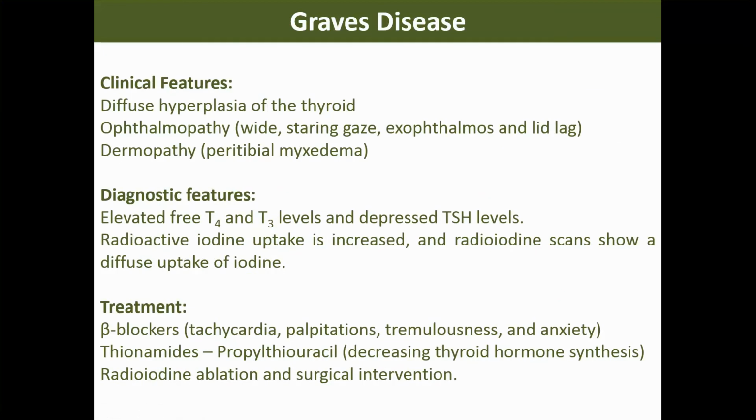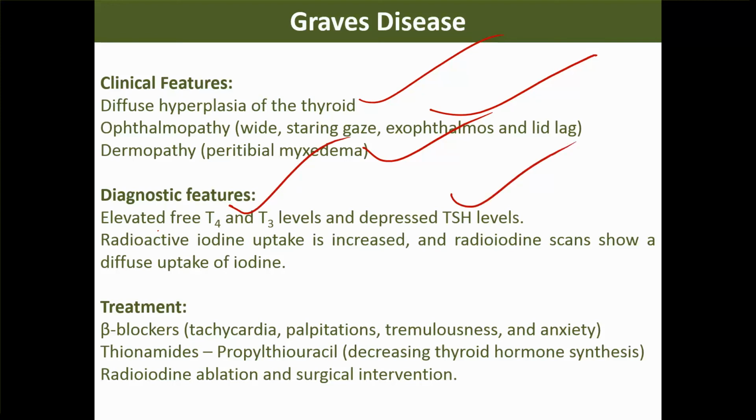So these are the three characteristic clinical features: diffuse hyperplasia of thyroid gland, wide staring gaze, exophthalmos and lid lag, and pretibial myxedema. I will show you the picture of pretibial myxedema, you will understand. There will be elevated T4, T3 levels and decreased TSH level.